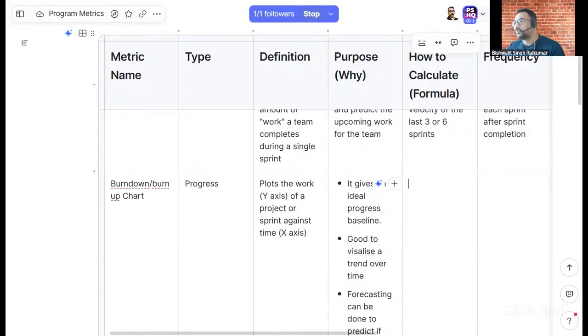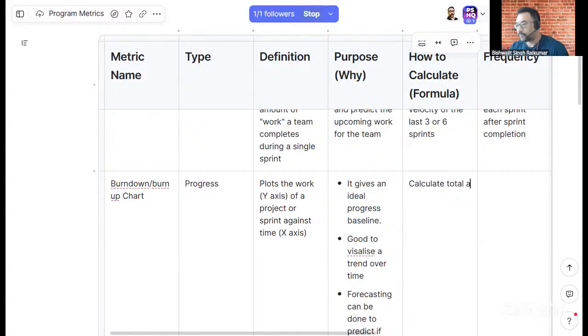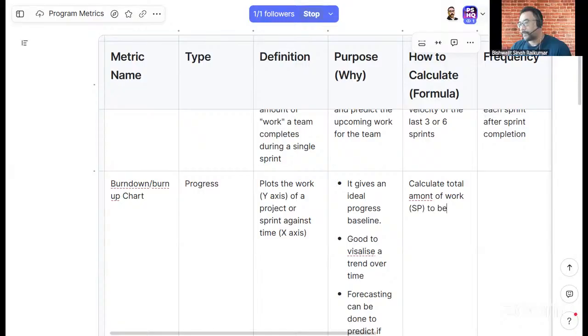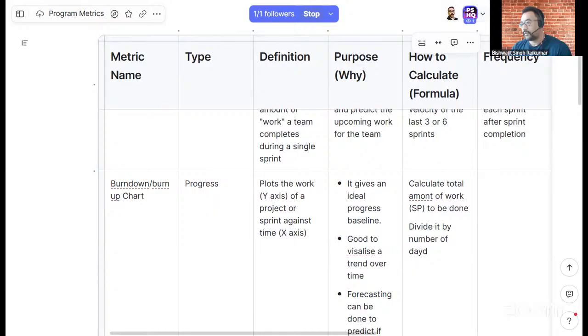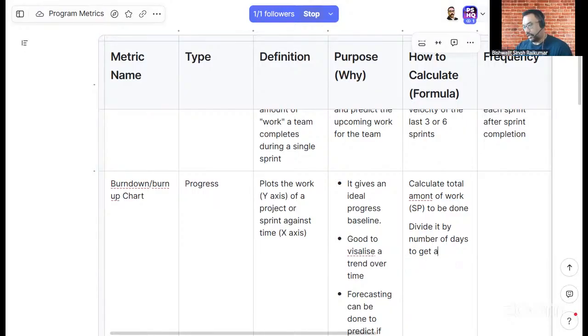Okay. So calculate the total amount of work to be done, which is story points, and then divide it by the number of days to get how much we have to burn per day, the average speed to be burned.